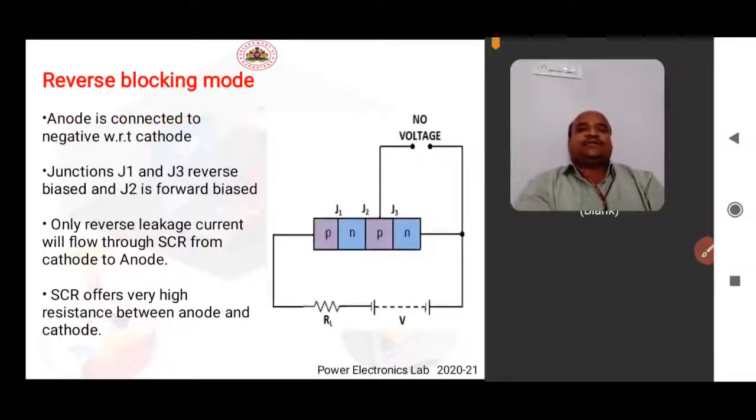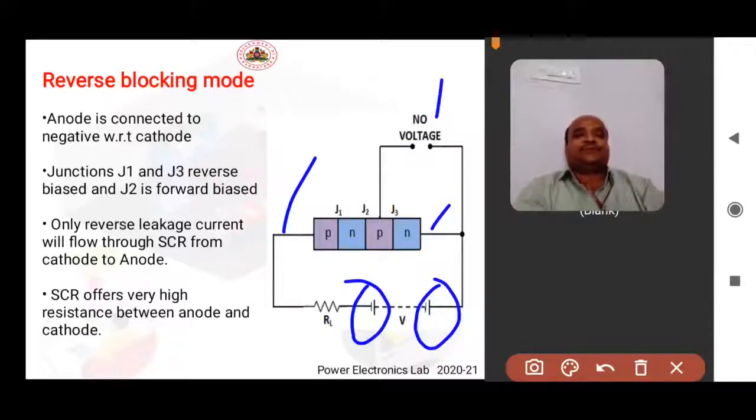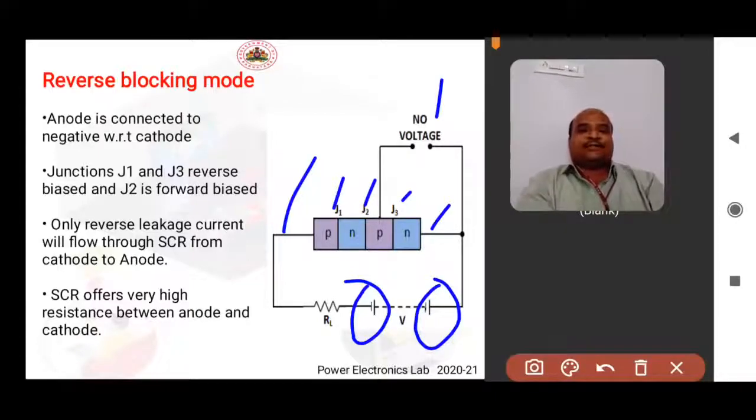Next we have the reverse blocking mode. In this case, the anode terminal is connected to negative and cathode is connected to positive, with the gate terminal open. Under this condition, junctions J1 and J3 are reverse biased and junction J2 is forward biased.